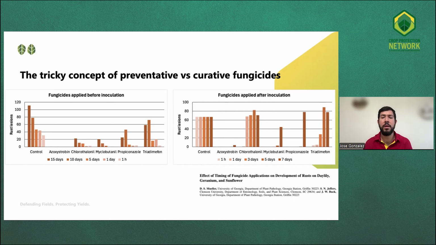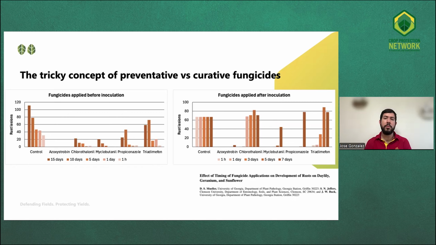The protectant chlorothalonil falls short. Even 1 day after application, it does not control the disease. And the trend for the three triazoles is that the farthest away they were applied from the inoculation time, the less control they provided. And this is especially concerning for the triadimefon, which was not great at controlling the disease, even applied 3 days after the inoculation.